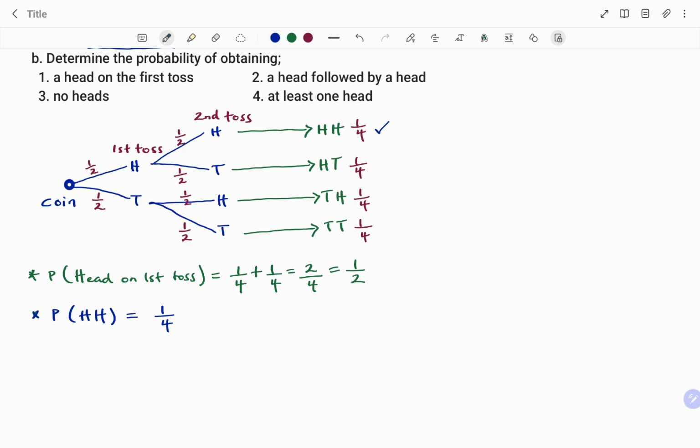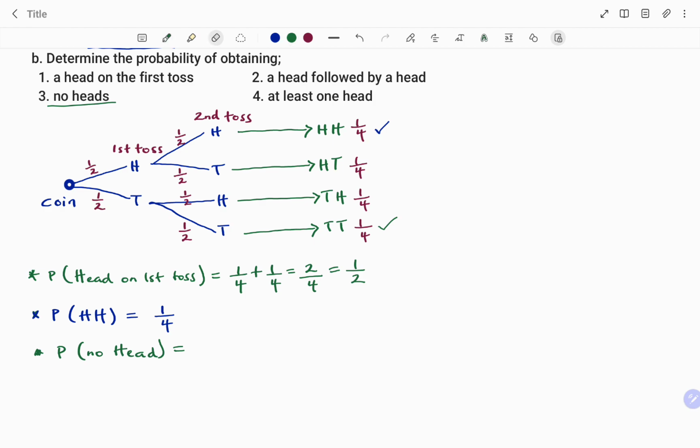For the third part, we have to find the probability of having no head. So P of no head. If we go back to our diagram, we only have that when the first toss is a tail and the second toss is also a tail.